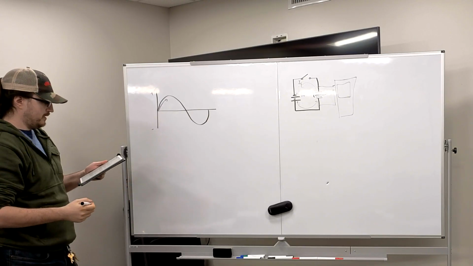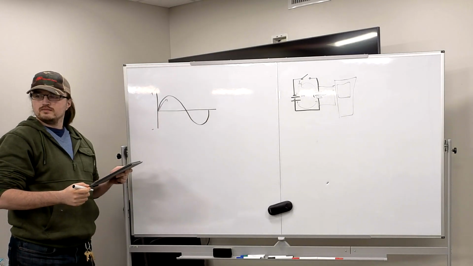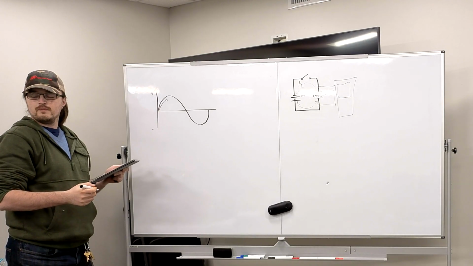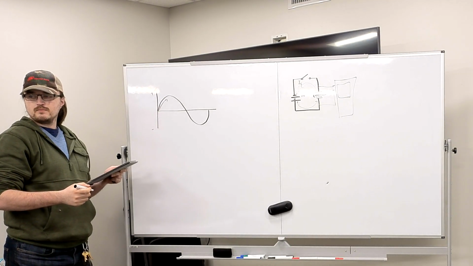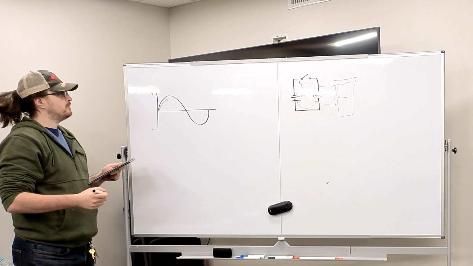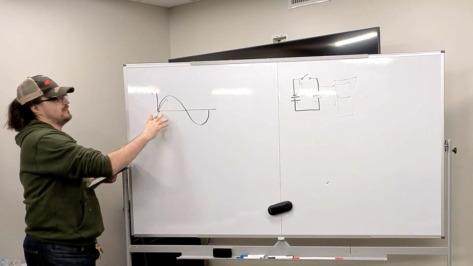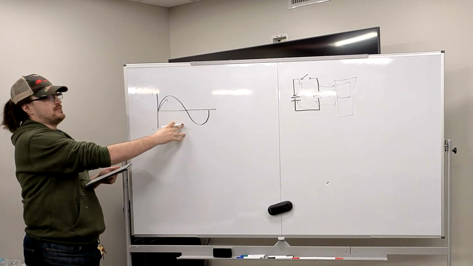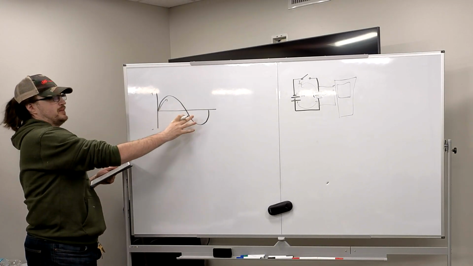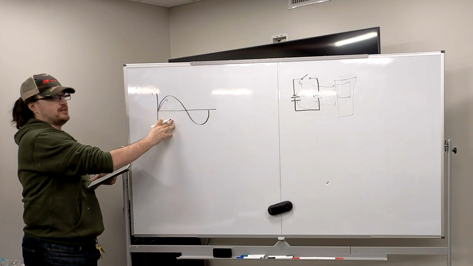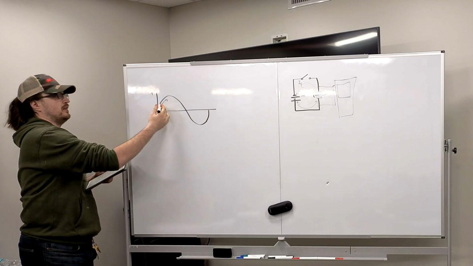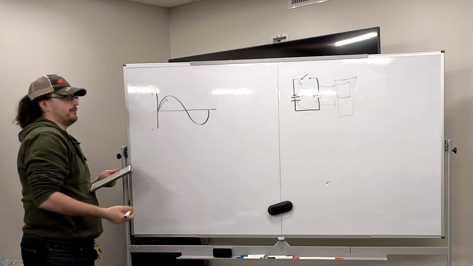So here, what's happening on the capacitor? This is the sine wave for the AC. This is not the capacitor. What's happening to the capacitor during this stage of the sine wave?